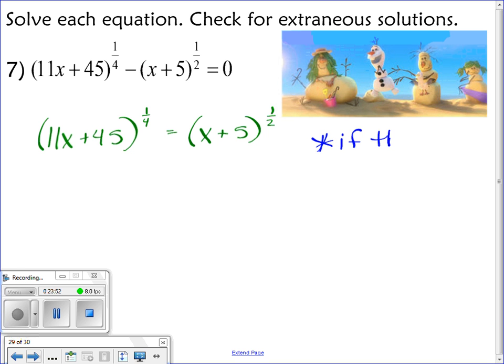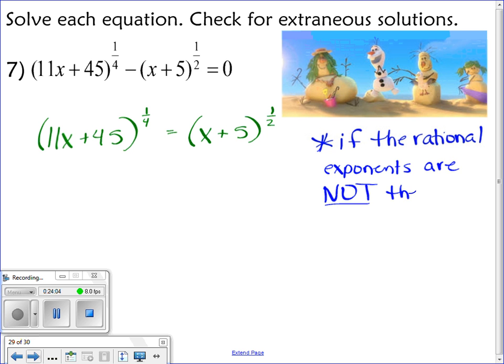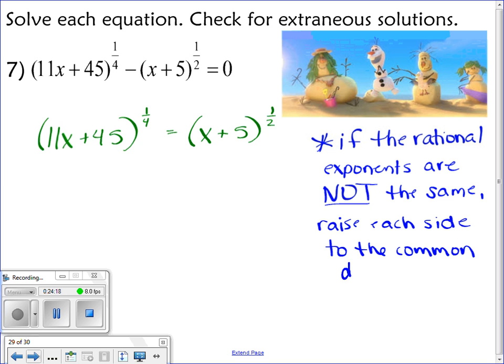If the rational exponents are not the same, raise each side to the common denominator.